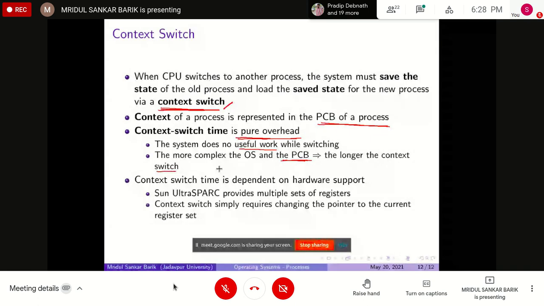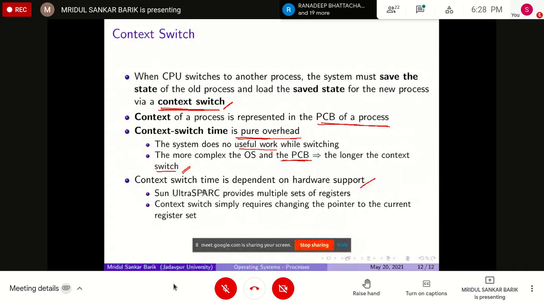Context switch time is dependent on hardware support. In some cases, the underlying processor has some support in terms of an additional hardware unit, which helps in reducing the context switch time. Like the Sun UltraSPARC processor, it provides multiple sets of registers. So we have a set of registers, say S1, and another set of registers, S2.